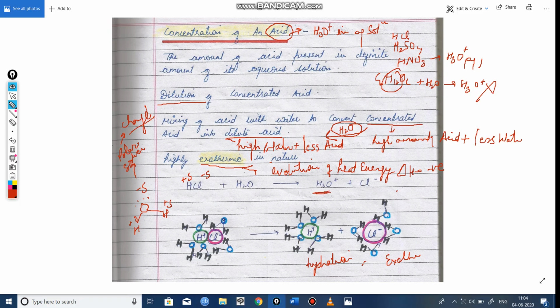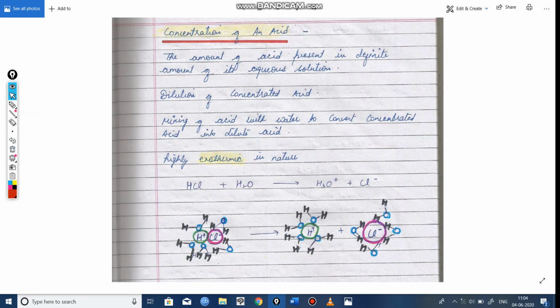As already explained, the H ion does not exist because a hydrogen ion is a proton and does not exist in isolated form, hence it combines with water and converts into hydronium ion. So what do you understand? Dilution is an exothermic process.